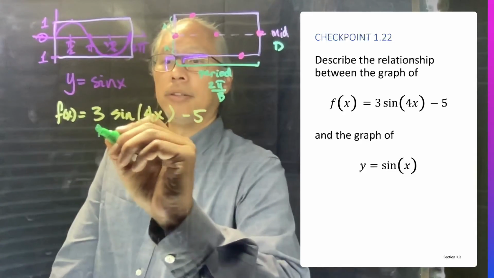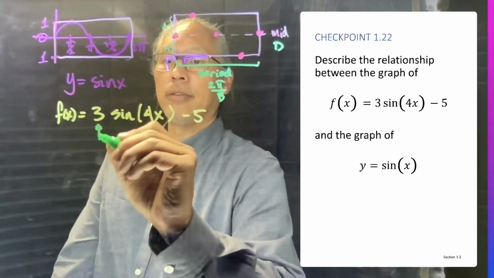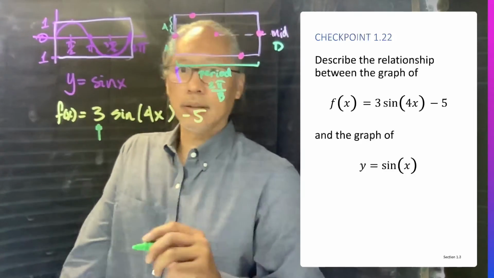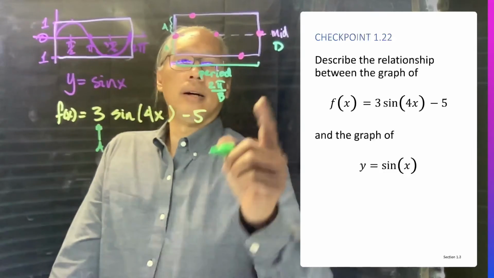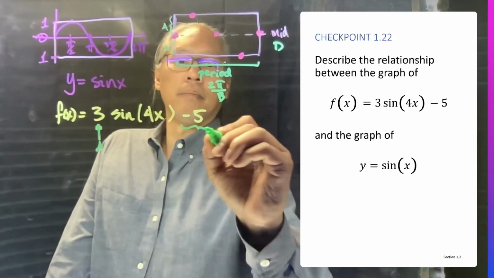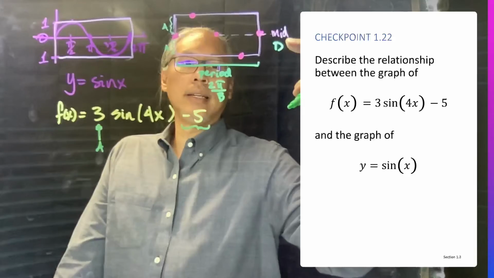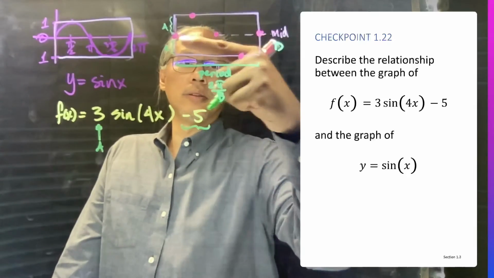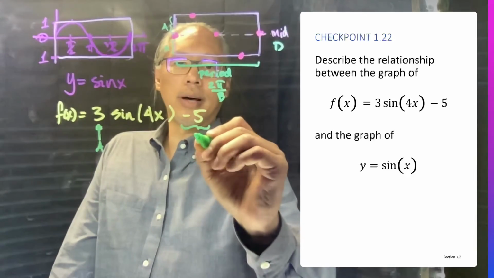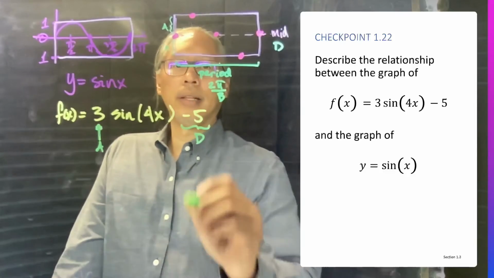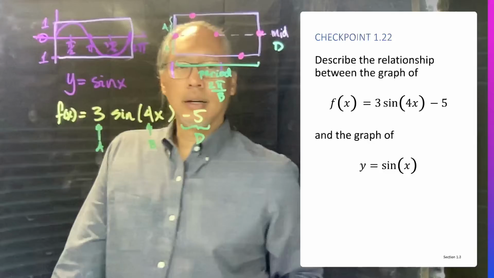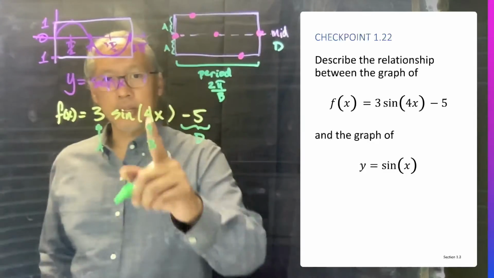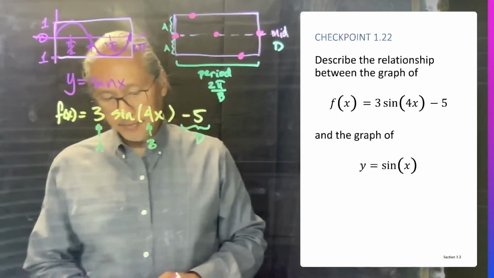The value of a is going to be given by the coefficient in front, and in that case it's a 3. The new midline is going to be the value d, and then the period is going to be 2 pi over b, where b is the coefficient of the x.